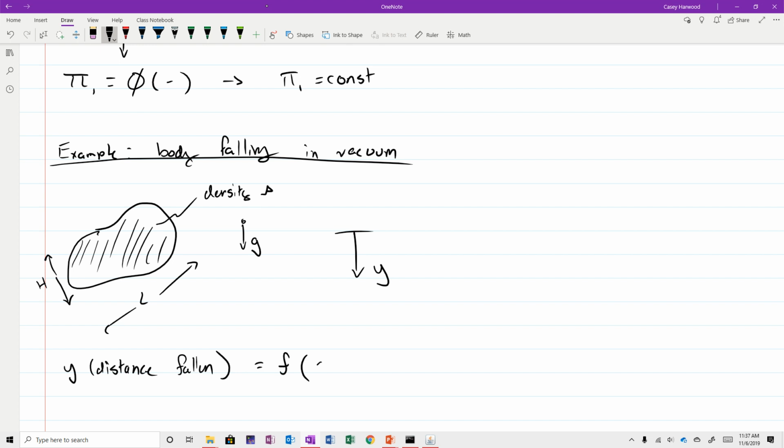Yep. And then the time elapsed since it was released. Note if we weren't assuming this to be in a vacuum, if we were dealing with something where air resistance was a factor, then we would need to include things like the density of the body, the density of the surrounding air, viscosity, the actual dimensions of the body. But since we're boiling this down to that really simple classical case where we don't worry about air resistance, these are the only two things that factor in.